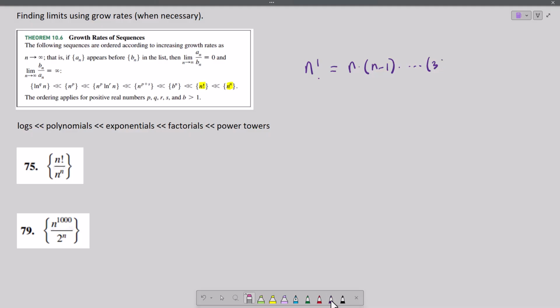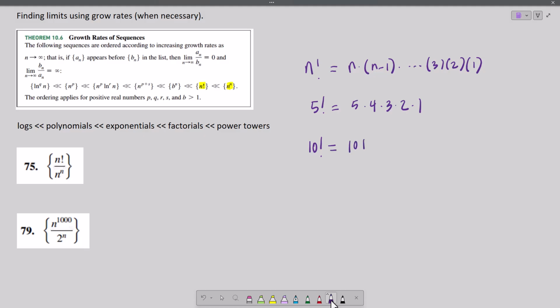It's a product. So this product is what n factorial means. If you've had stats, you've seen this before. So for example, 5 factorial is 5 times 4 times 3 times 2 times 1, whatever that happens to be equal to. 10 factorial, same idea.